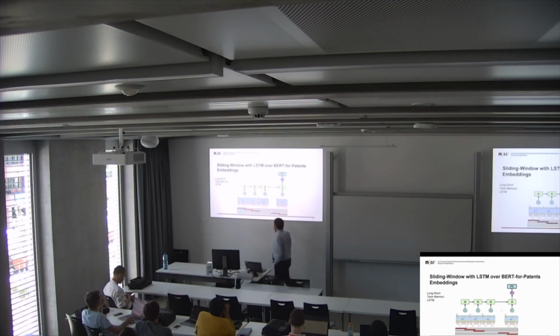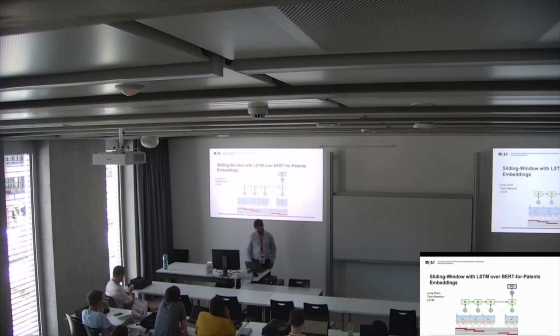And this is the visualization of basically the architecture. We have the BERT, which is applied on each part of the text. We get then an embedding, and then we use an LSTM to go over the embeddings and create another embedding, which we use with a fully connected layer to predict our classes.